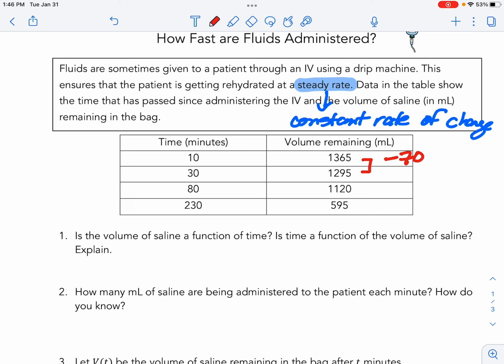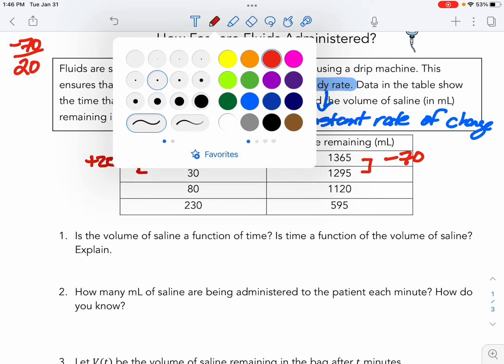And as we look at the corresponding x values, or the corresponding inputs for those outputs, we go from 10 to 30. From 10 to 30 would be an increase of 20, right? We take 10, we add 20 onto it to get to 30. So just for the purposes of argument, I'm going to store up that rate of change. That rate of change was negative 70 over 20. Again, our output going down 70, our input going up 20.